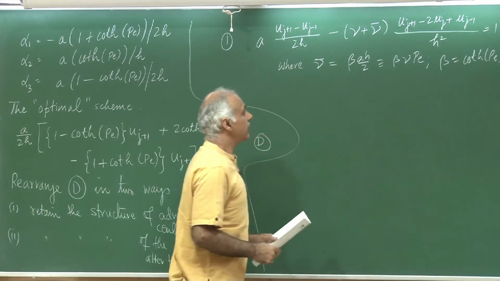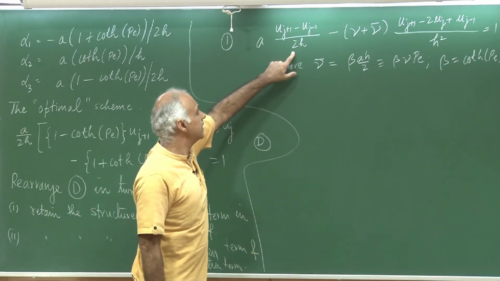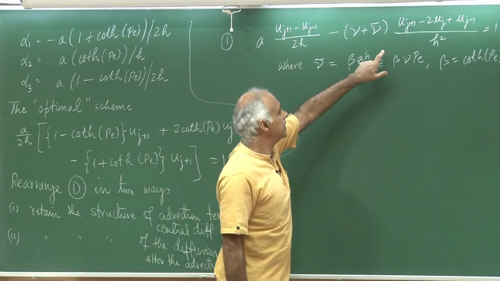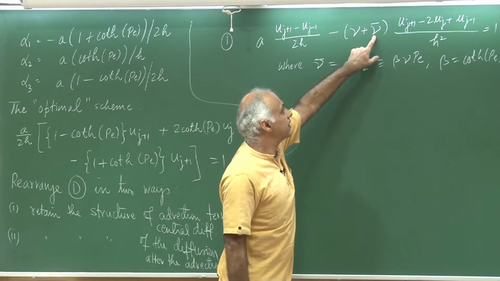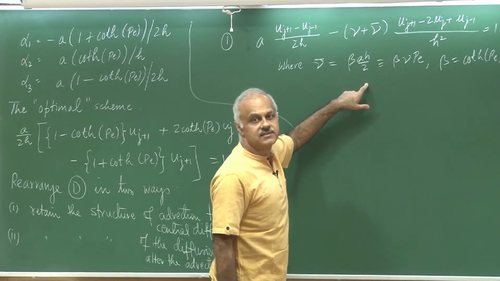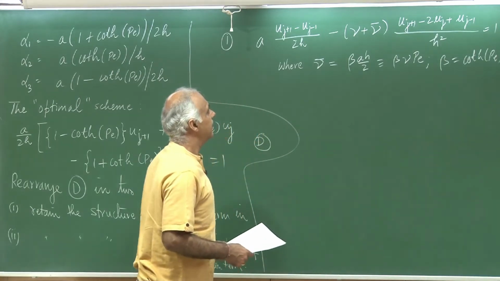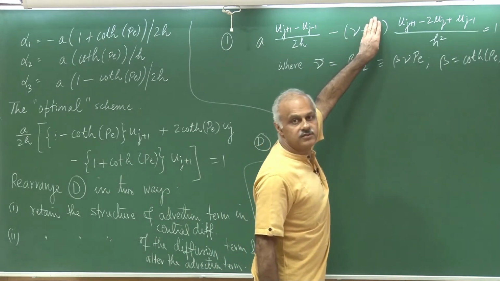Okay. So, what we have done is we have retained the advection term as in the central difference, and we have changed the diffusion term, and in fact we have augmented the original molecular diffusion with some other coefficient, and that has been defined like this. Okay. So, this is the exact scheme, and you would get back the Galerkin scheme if nu bar is 0.